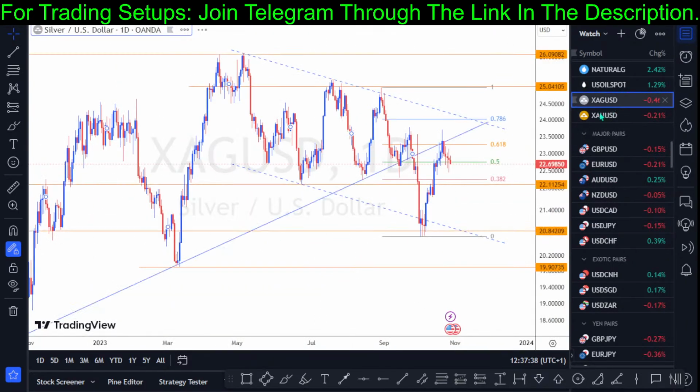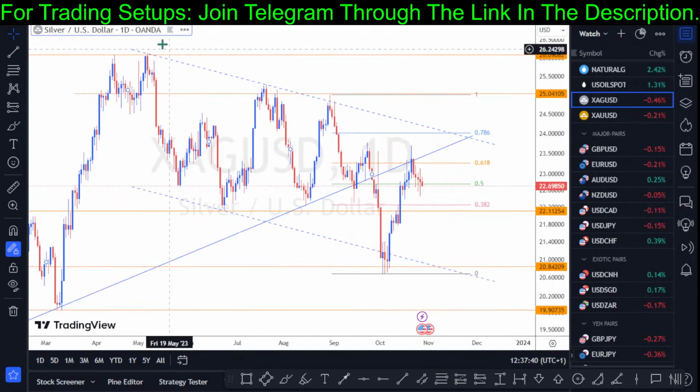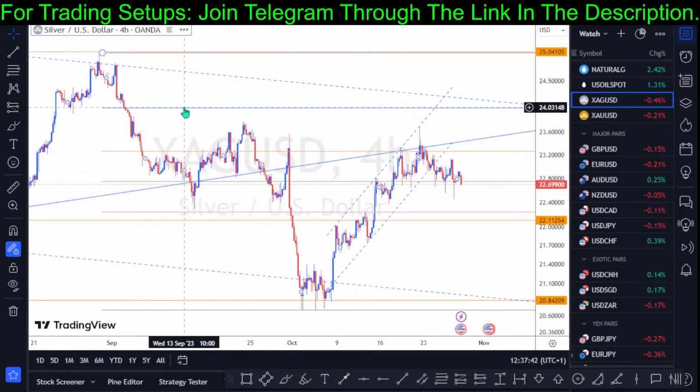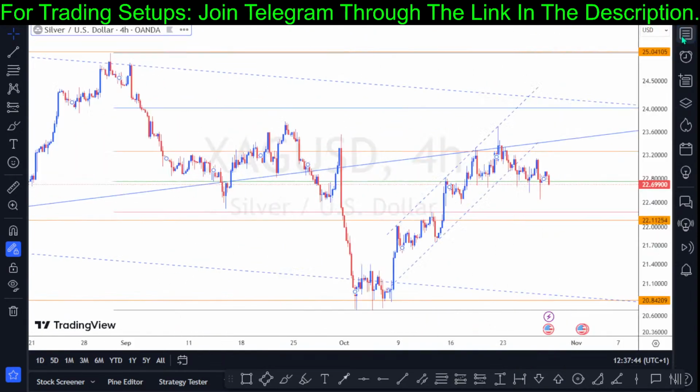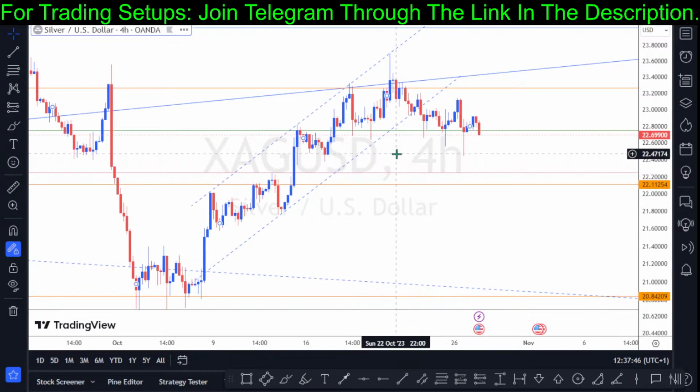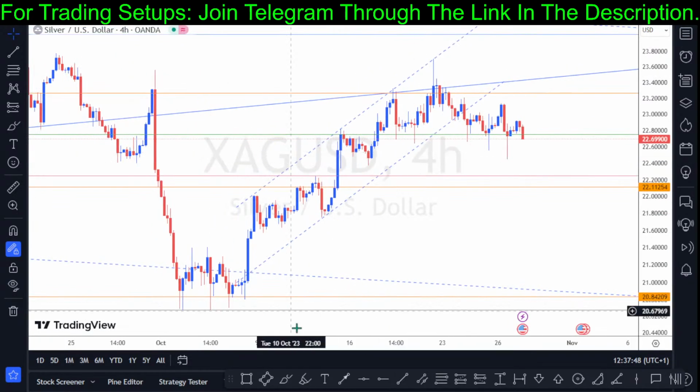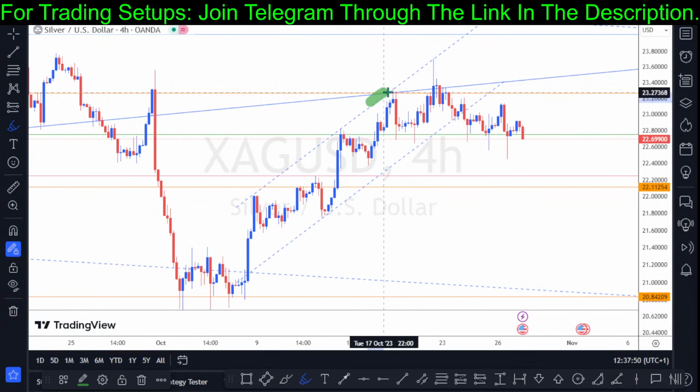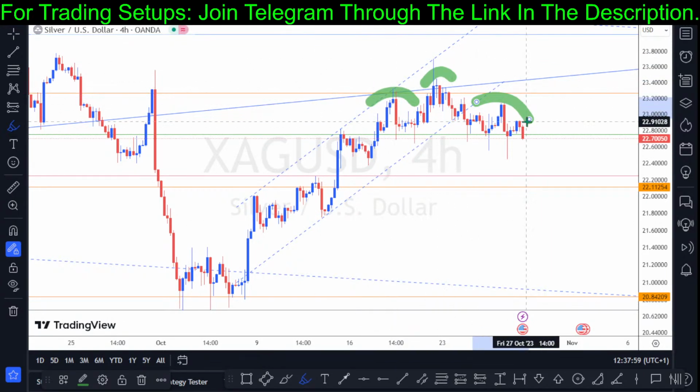Let's check silver as well. Let's check the 4-hour chart. On the 4-hour chart, there is a potential head and shoulders pattern on silver. We have the left shoulder, the head, and the right shoulder, and we kind of have a broadening right shoulder.